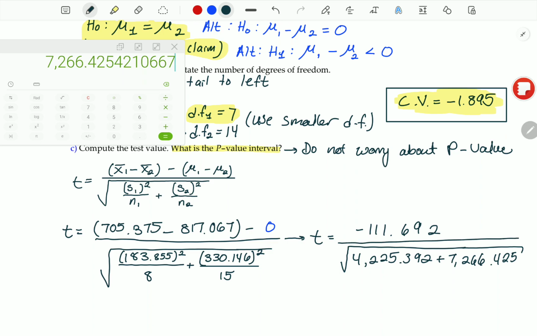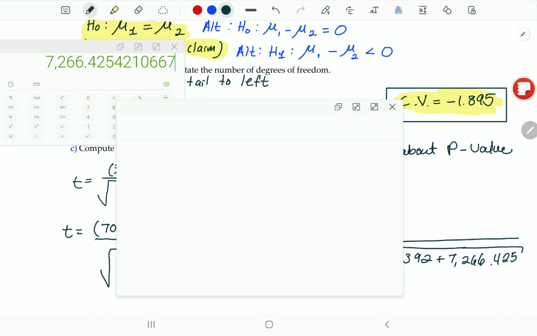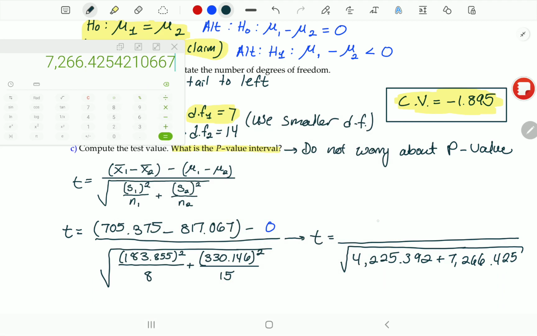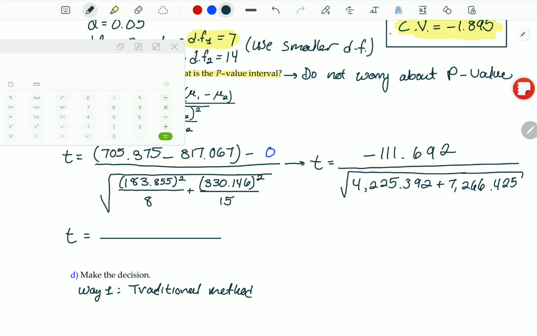Write this a little bit more neatly. Negative 111.692. I'm going to do the entire square root at once.